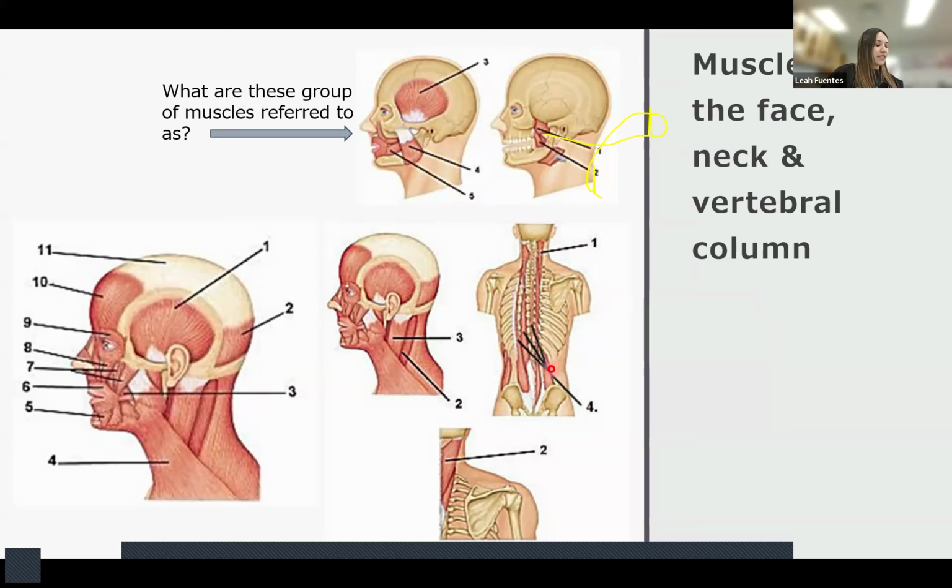So we have our iliocostalis, longissimus, and our spinalis. Specifically on the exam, they can ask you to identify the muscles that make up the erector spinae, or they can ask you to identify the 3 muscles and then say collectively, this group of muscles make up what group? And then that would be your erector spinae group.